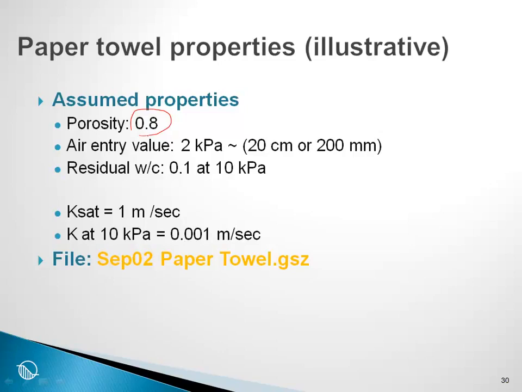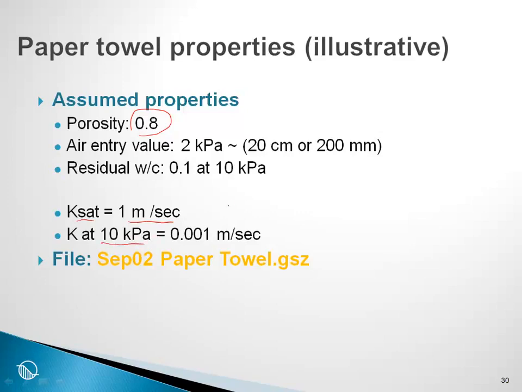Then we are going to say that Ksat is 1 meter per second, and the hydraulic conductivity drops off to 1/100th of that, or 0.001 meters per second, by the time we get down to 10 kPa.